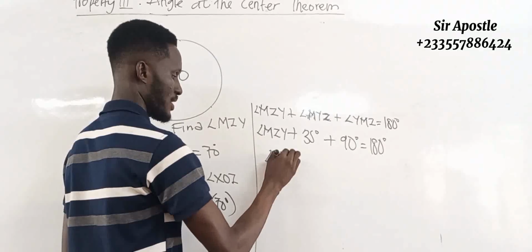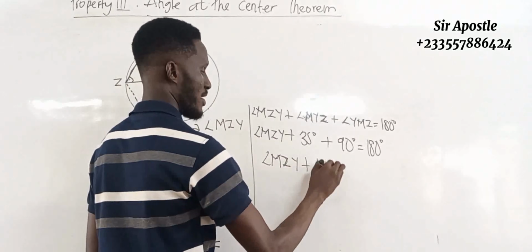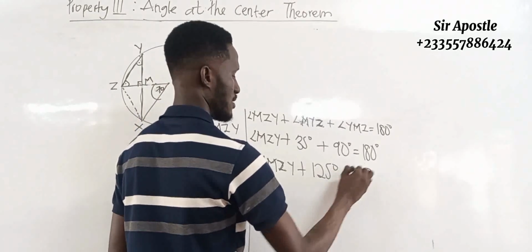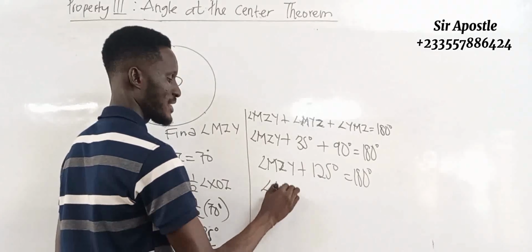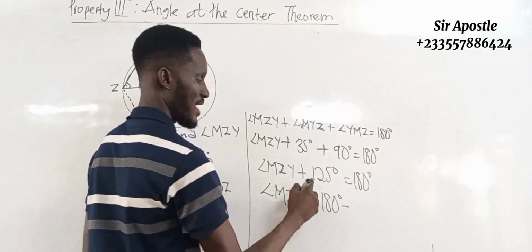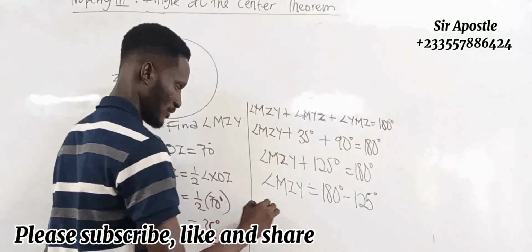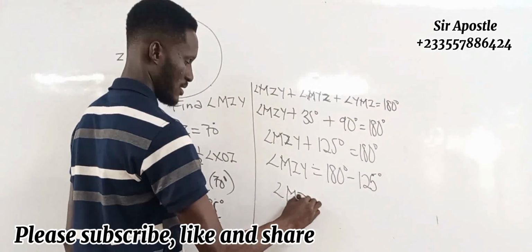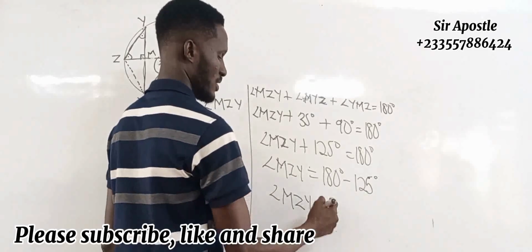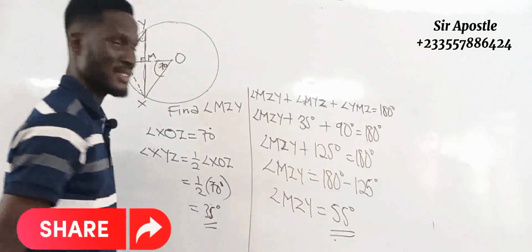We have MZY plus 125 degrees equal to 180 degrees. So you group like terms nicely, which gives us MZY equal to 180 degrees minus 125 degrees. When we subtract, we get 55 degrees. And that is the answer.